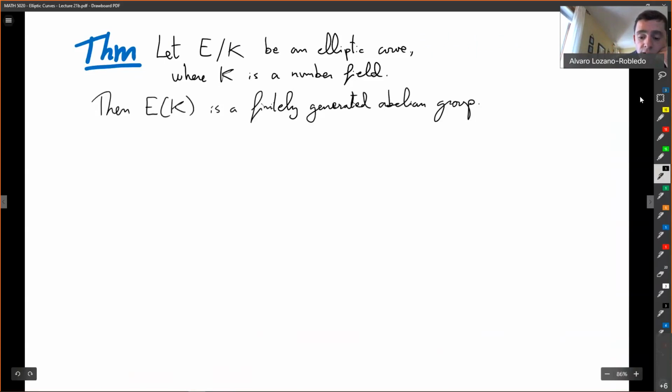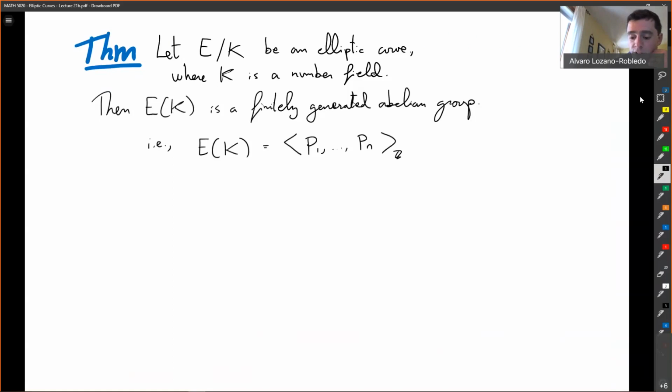I.e., E over K is generated as an abelian group by some finitely many points P_i in E(K). That doesn't mean that all of those are of infinite order. Some of them will be finite order, some will not be.